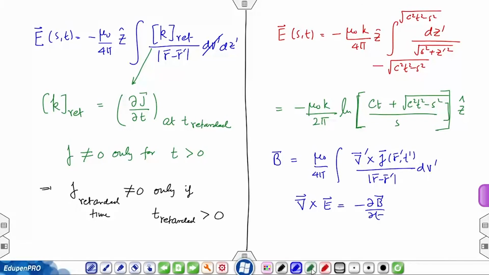The answer comes out to be B(s,t) equals mu 0 k over 2 pi s c log of (ct plus square root of c squared t squared minus s squared) over s, in the phi direction. That is the answer.